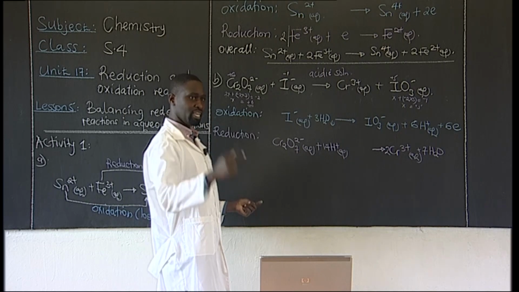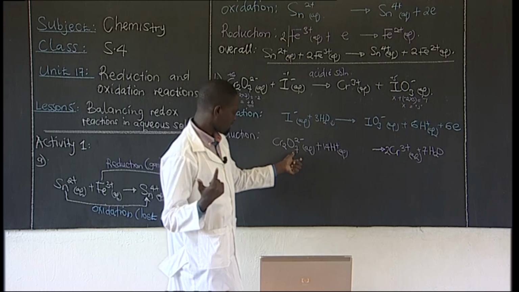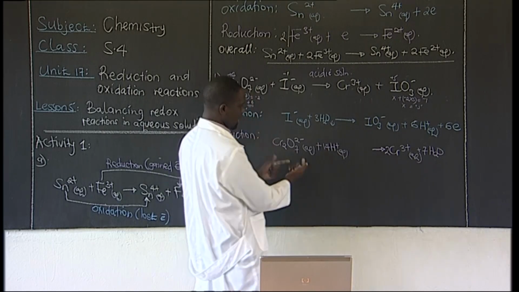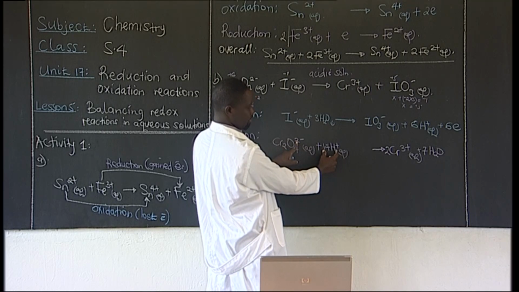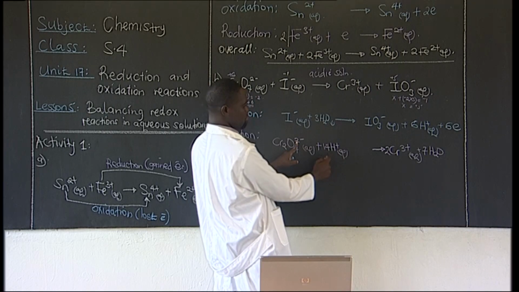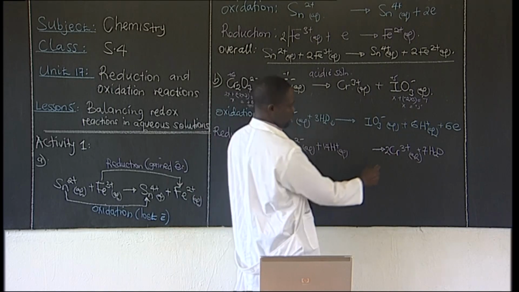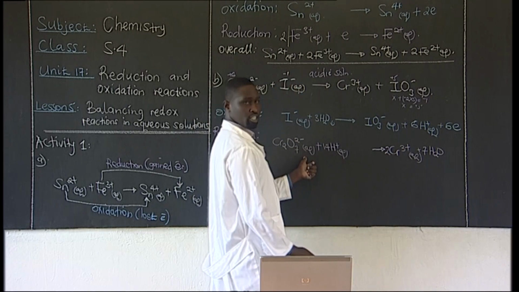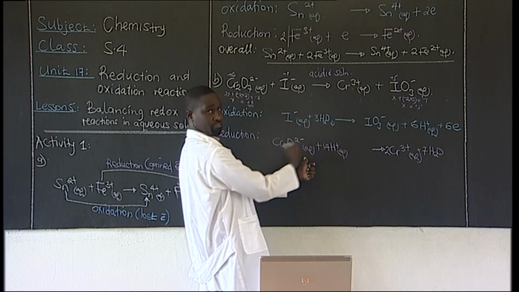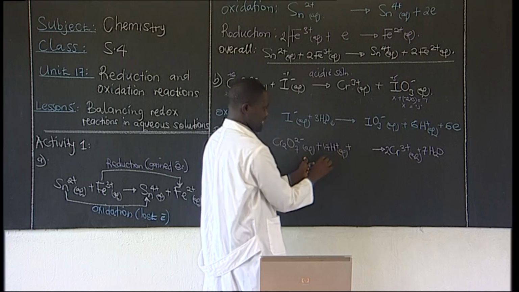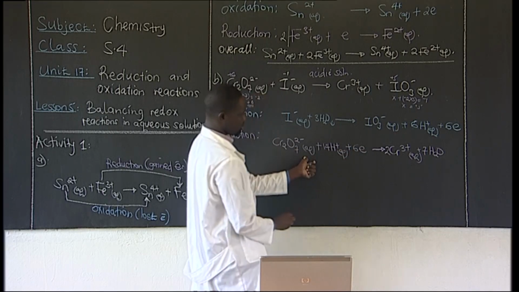which is number 2, part D on the guidelines, the charge is not balanced. So how do we balance the charge? Count. -2 plus positive 14, which becomes positive 12 this side. But here we have positive 6. Remember, reduction, electrons are added on the left side. So we can balance the charge by adding 6 electrons.